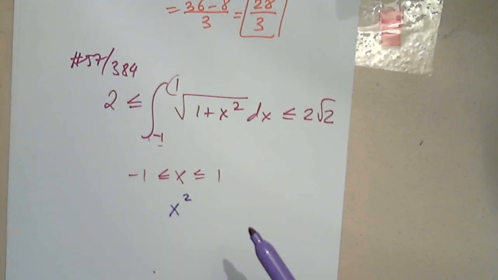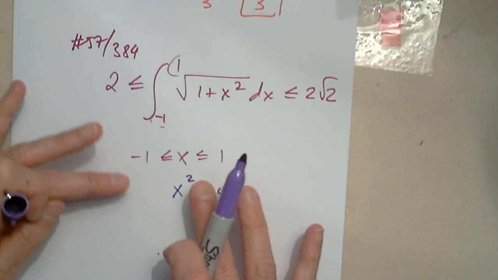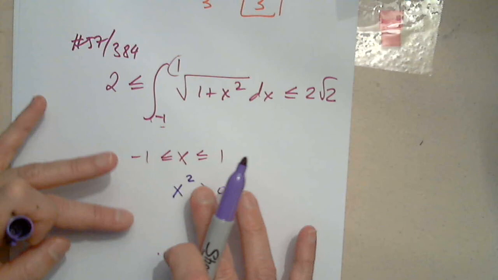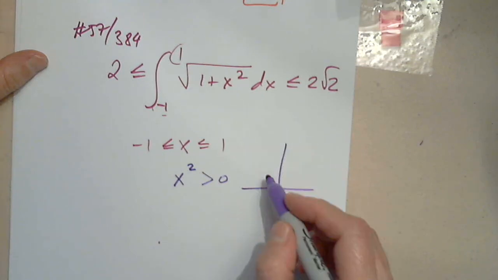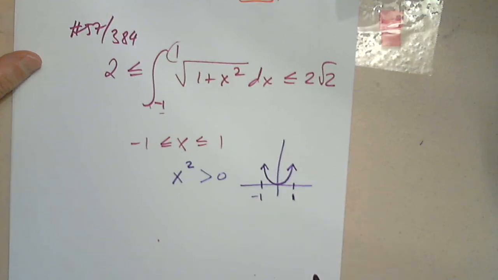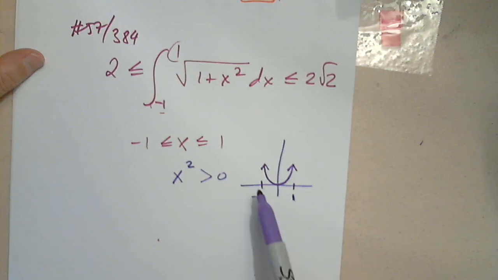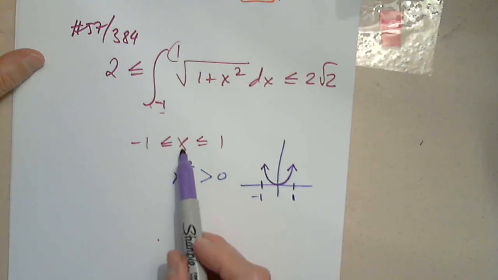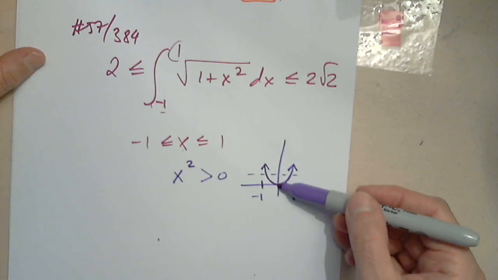Well, if we look at the following graph, for the interval negative 1 to 1, when I square x, I know that x squared is a positive number, but it will definitely be between 0 and 1.